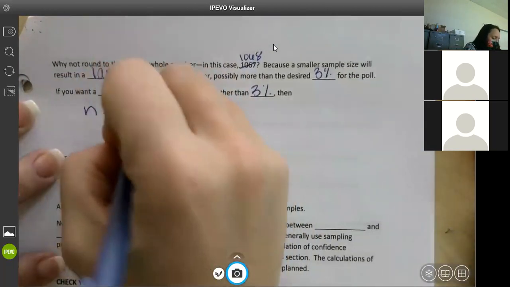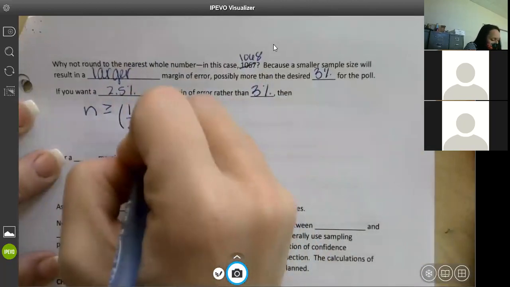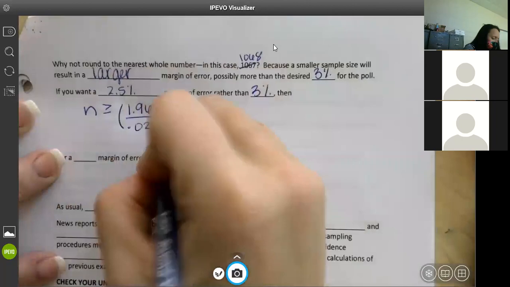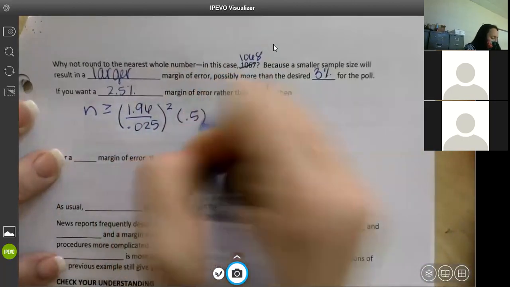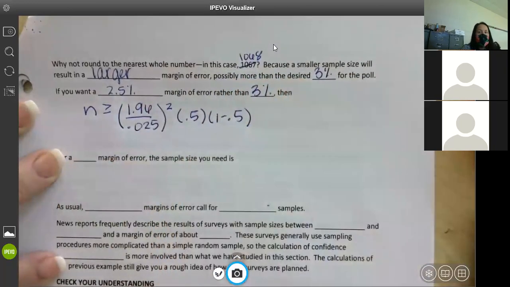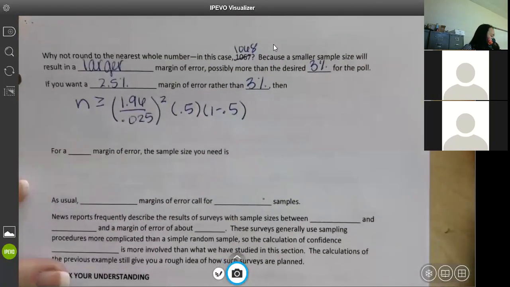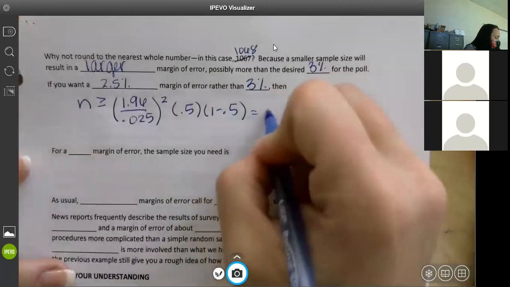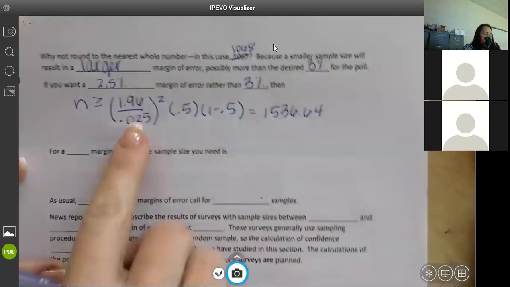So instead of doing all the steps, 1.96 over 0.025 squared, times 0.5, 1 minus 0.5, which would give us 1536.64.